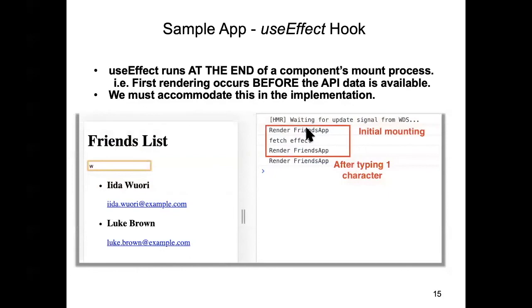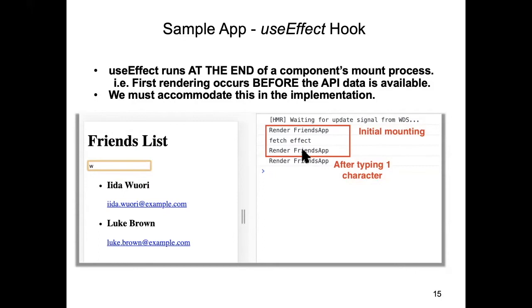And if we look at what's happening in the browser's developer tools, the first thing that happens is my friends app component renders. I haven't got any data yet though. So that proves to me that it renders. Then the fetch callback is triggered, i.e. the point I'm making at the top of the screen, that the effect runs after the component has mounted or rendered for the first time.